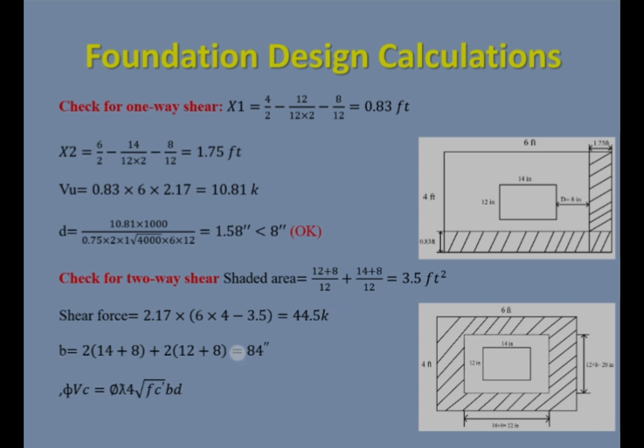This is B naught, which is the area of the column, and we add to it the perimeter surrounding the column, which is D over 2. It's D over 2. So this is the area. We need to find this area as B naught.